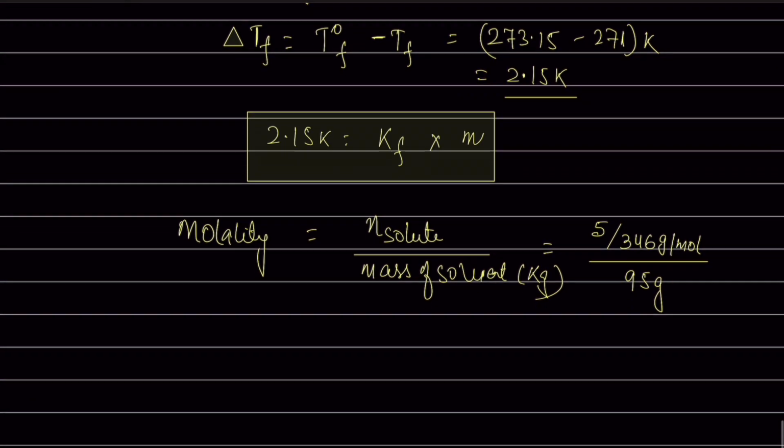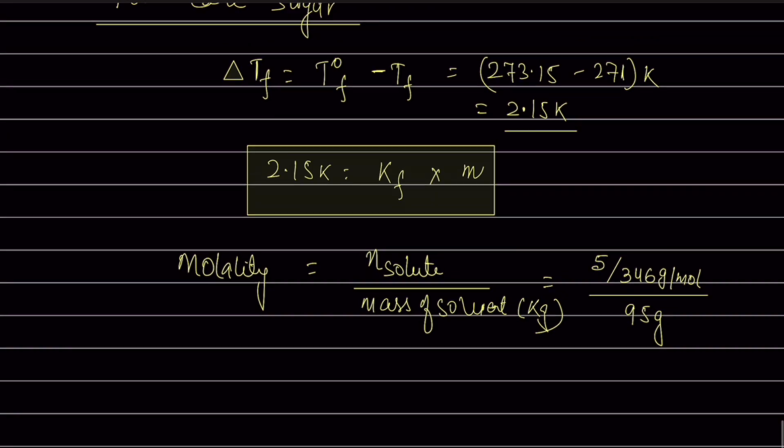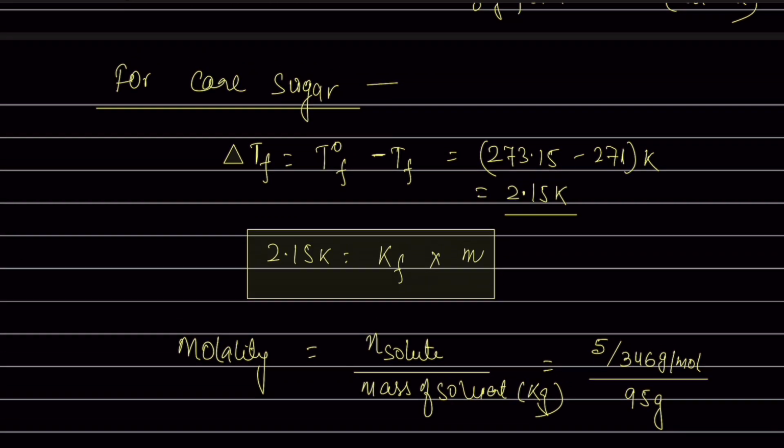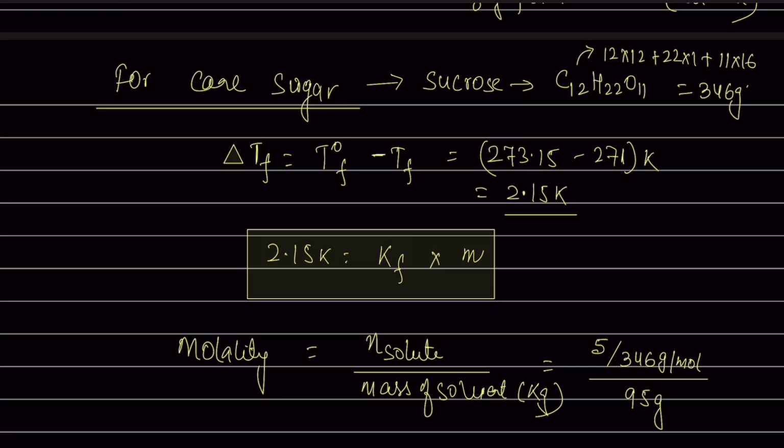How did we find the molar mass of the cane sugar? Cane sugar is actually sucrose. The sucrose formula is C12H22O11. To find the molar mass, we multiply 12 into 12, plus 22 into 1, plus 11 into 16. After solving, it is 346 gram per mole.